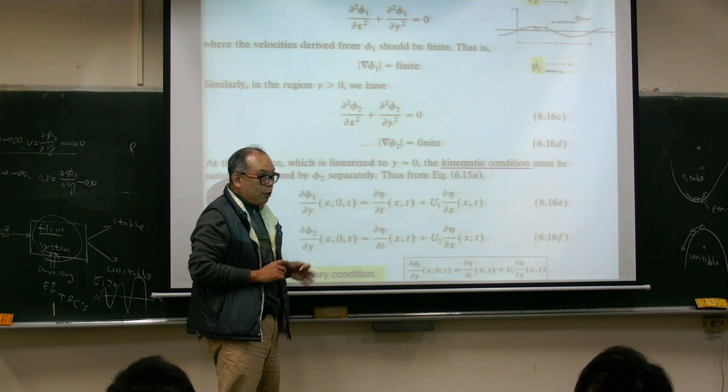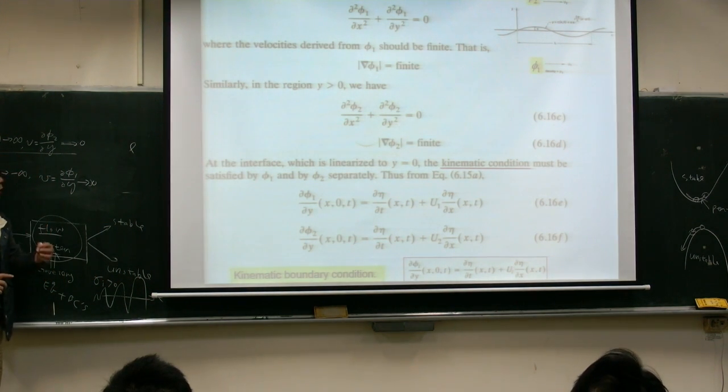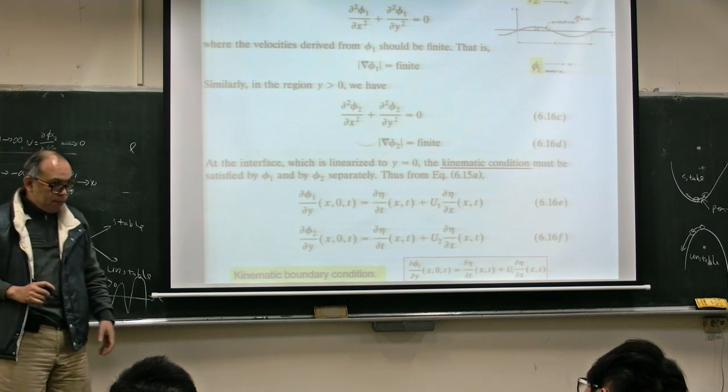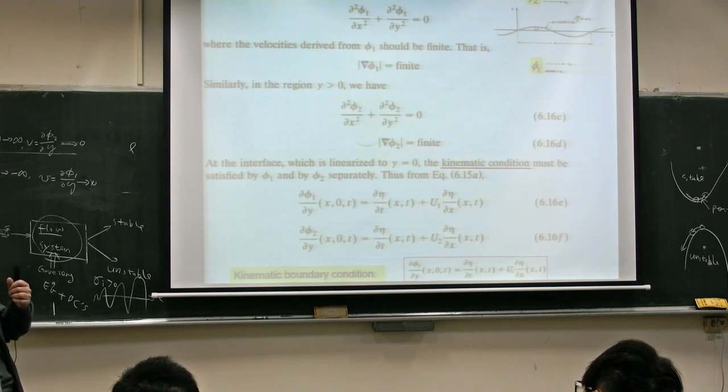Suppose there is no y direction velocity. When you are far away from the interface, you should be able to get it. So that's the far field boundary condition.